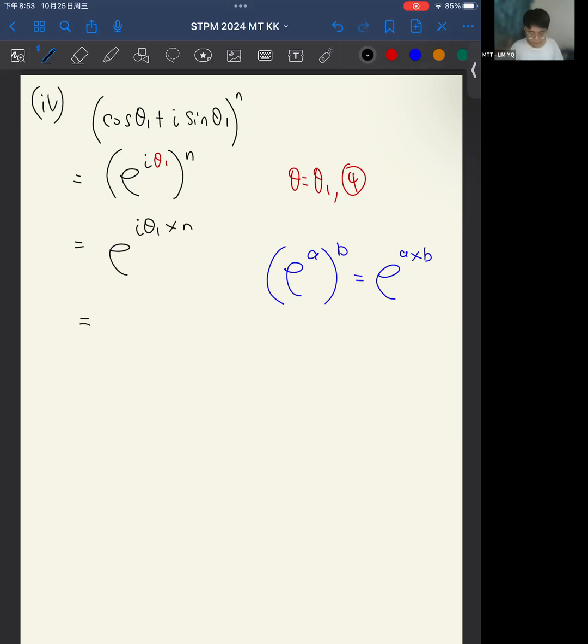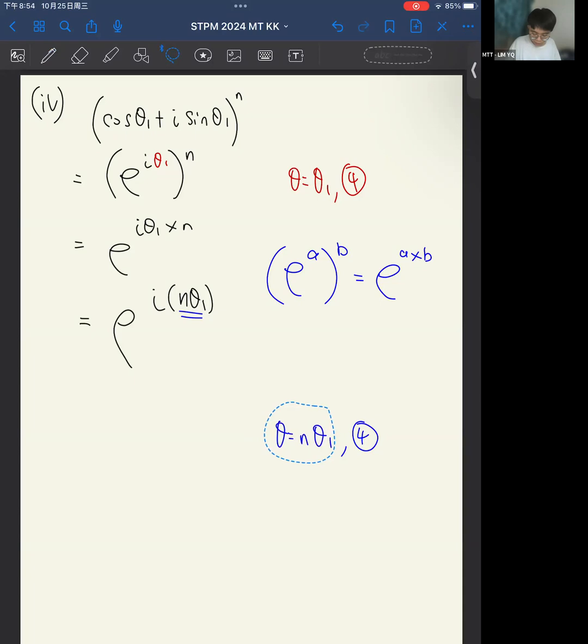Next step, you want to prove n theta 1. I group the n theta 1 together, multiplied by i, or I put a bracket, like this. Because finally, I want to show it is equal to cos n theta 1 plus i sine n theta 1. So I use again equation 4, but now I substitute theta as n theta 1 into equation 4.